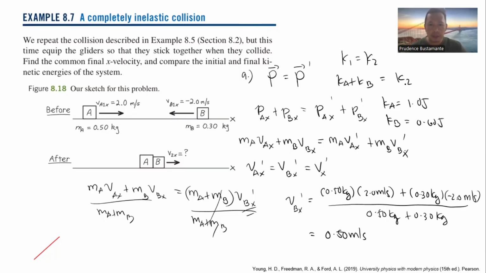The total K2 is actually 0.10 joules. So we can see here that K1, equal to 1.6 joules, is not equal to K2, which is 0.10 joules, meaning some of the energy is lost. So in both the inelastic and the completely inelastic collisions, kinetic energy is not conserved, only the momentum.